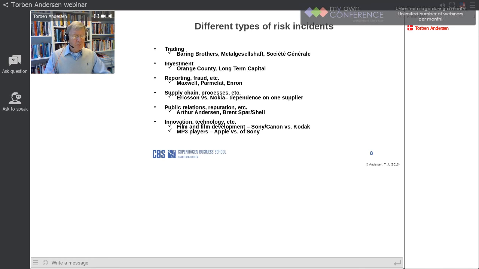Metallgesellschaft, a big old German company, had a subsidiary in the US that took positions in the energy market. They sold oil on long-term contracts because there was a high price outlook for oil, and they tried to hedge it by buying short-term futures contracts.